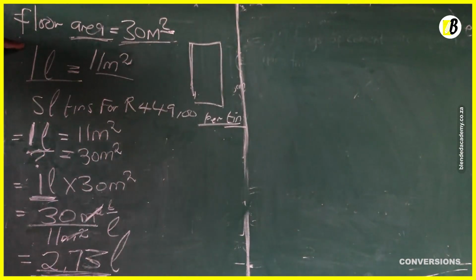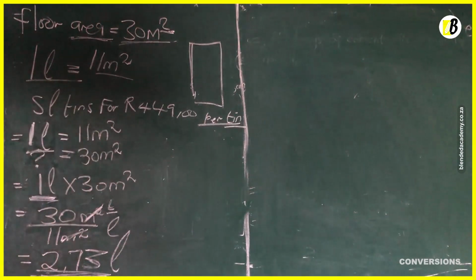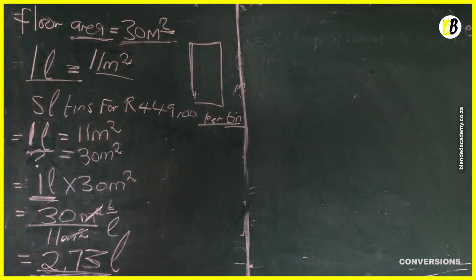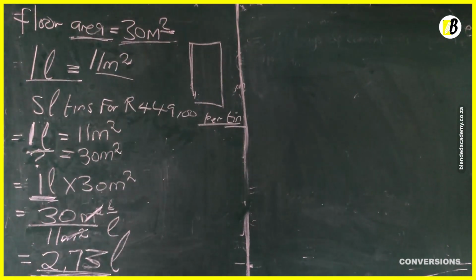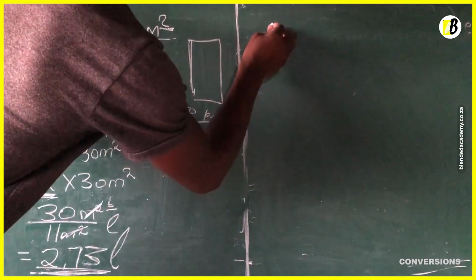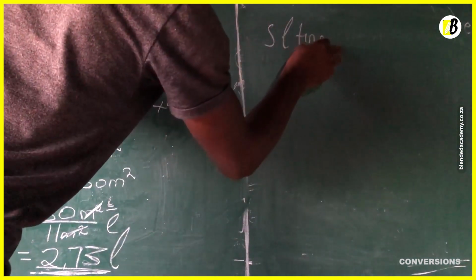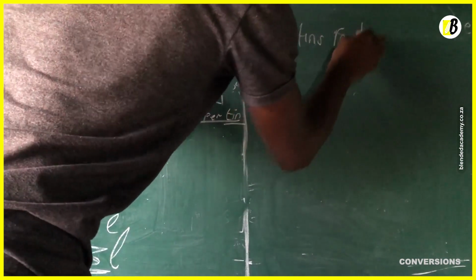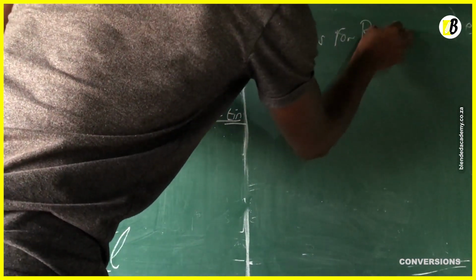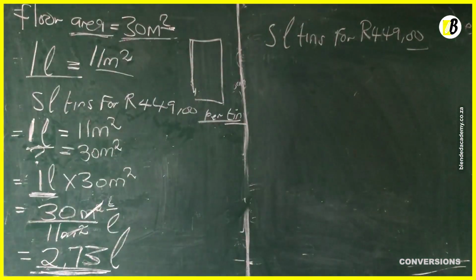They have indicated to you that these paints are sold in 5 liters tins for 449 rand per tin. So let's see how much it's going to cost.